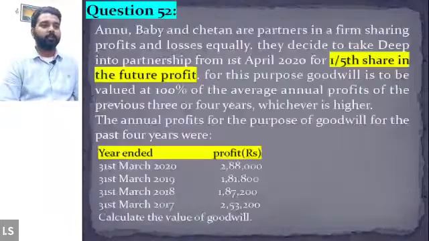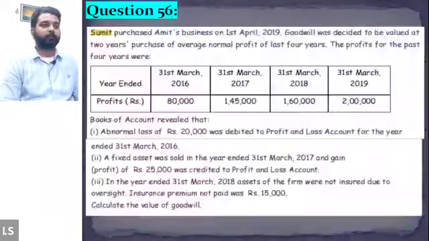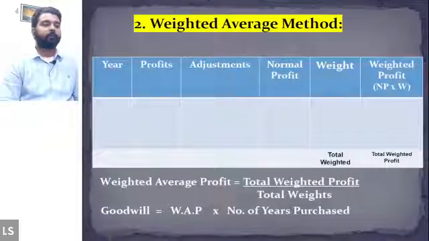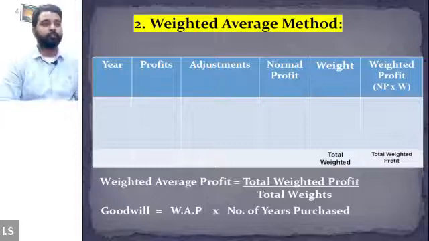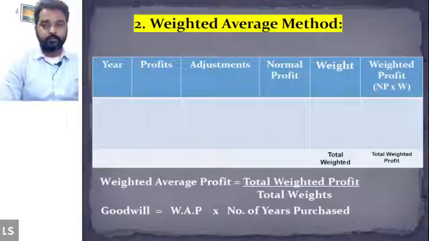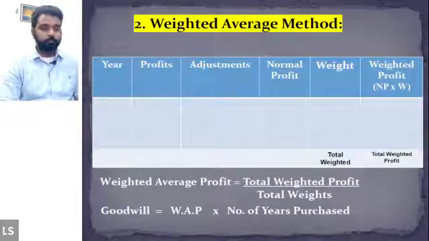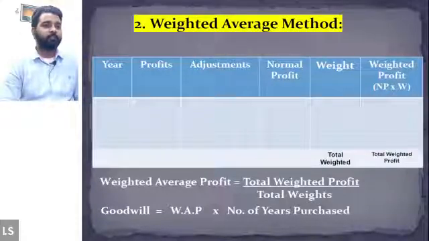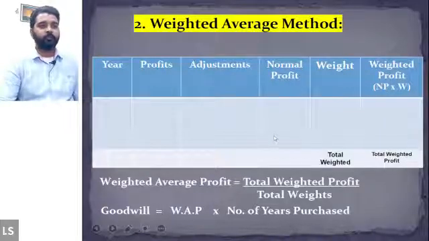But in today's class, we will be starting the weighted average method, and we will talk about how valuation of goodwill is done using it. I guess I have explained this table and also the formula that we use to find out goodwill by the weighted average method in the last session.